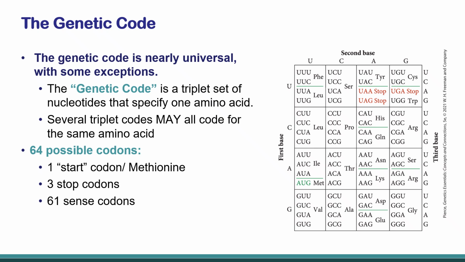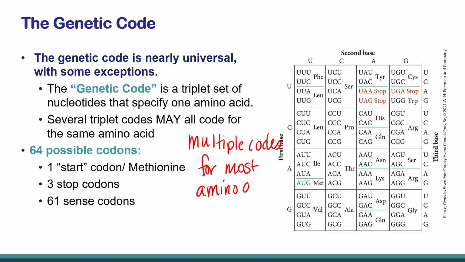So there are multiple codes for any single amino acid. With one exception, all of our amino acids are coded by at least 2 different codons. That one exception is methionine, which is a start codon. And there's only one code for methionine.